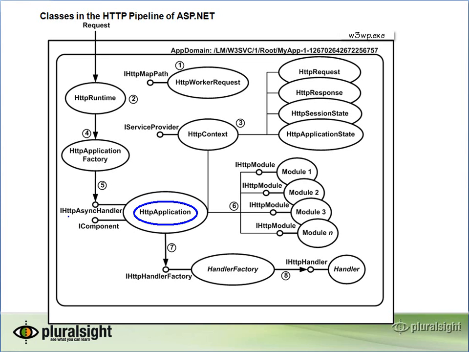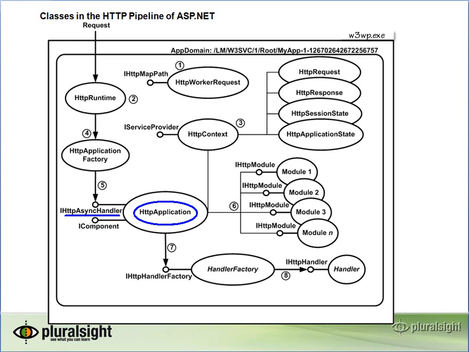Anyway, this implements an interface called HttpAsyncHandler, which is actually the base interface for HttpHandler. And that has a method called BeginProcessRequest, which the runtime is going to dispatch the request onto. So it's basically going to go to the application and say, okay, here's the request, let's start processing it.